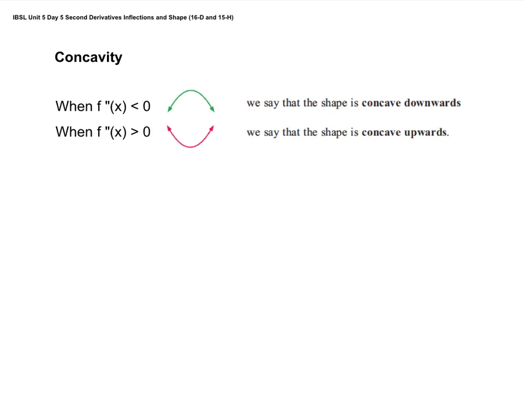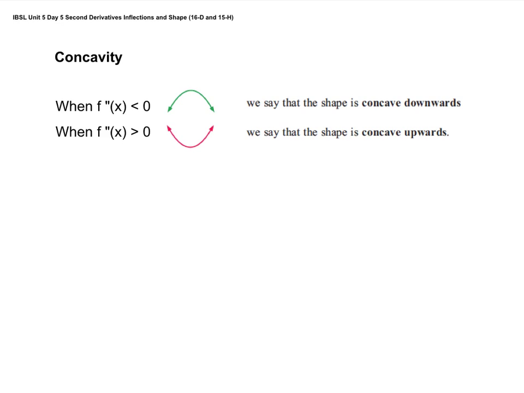However, it's concave downward forever. And you say, well, it never quite goes down, and yeah, you're right, it never does go down, but that's a matter of the first derivative, not the second derivative. The concavity is downward for that. We'll look at that a little bit more in a sec.